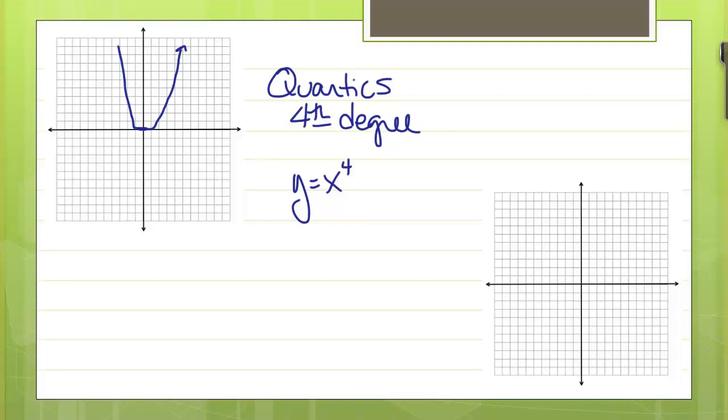Kind of a straight line there at the bottom. But many quartics have more bumps in them, and they get affectionately referred to as W's. I shouldn't say most, I should say many, because they come in all different types.